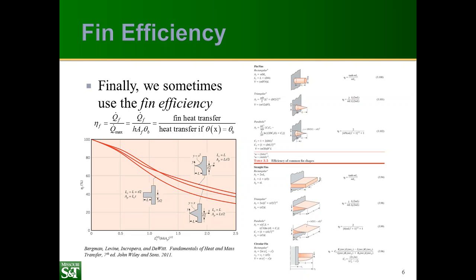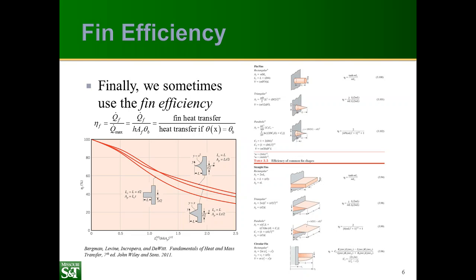It's important to note that these are not the only factors, efficiency and effectiveness. Manufacturing costs are also important. So if you look at this graph, this parabolic fin has a higher efficiency out here, however, but they're very expensive to manufacture because there's very precise machining that's required. The triangular fin is almost as good.